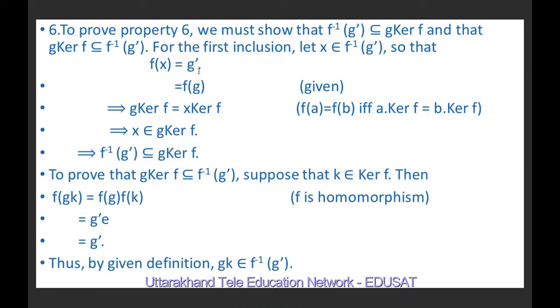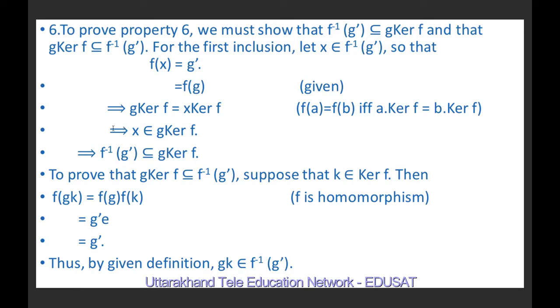But G dash is equal to F of g, because g is an element of group G, G dash is an element of group G dash, and F takes g to G dash.